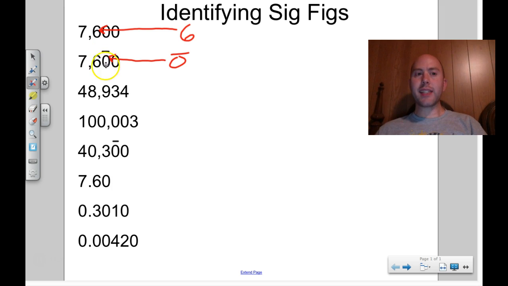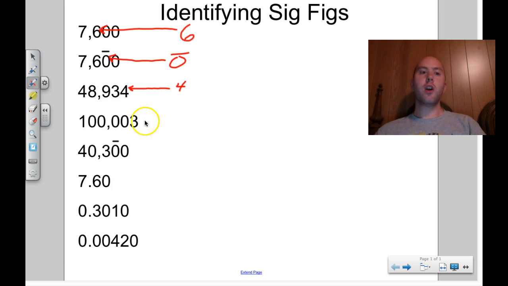I round it at the tens place because that's the one I'm not sure about. And this number, 48,934, the first sig fig going towards the left is the 4, the ones place. So I know for a fact it's 48,930. I don't know. Could be 937, 932. This is the number I'm uncertain about. That's why it's called the uncertain digit.